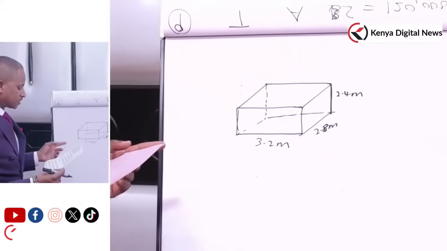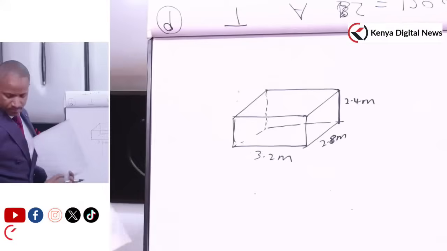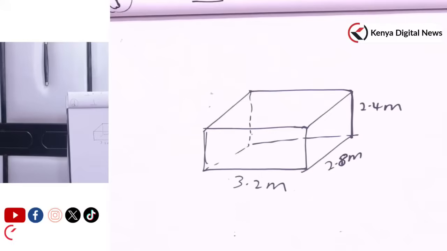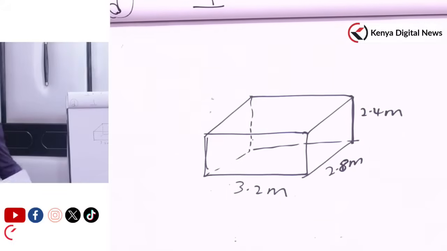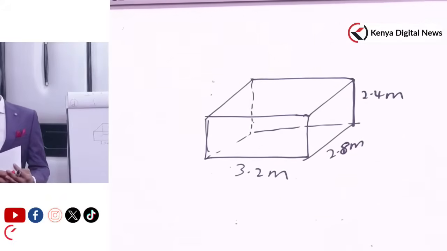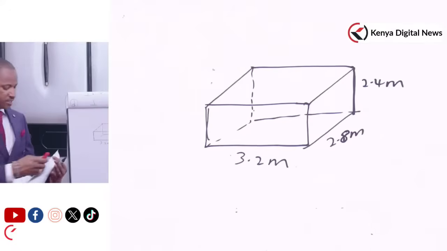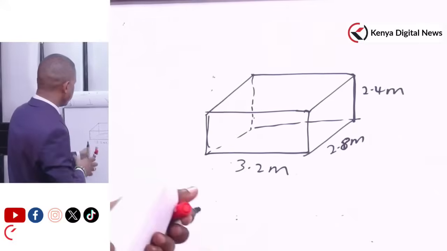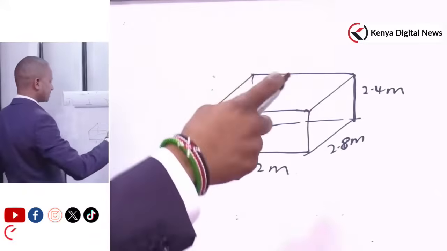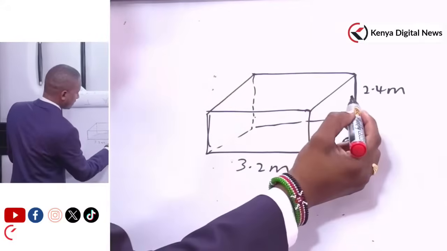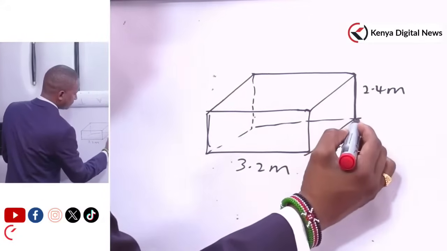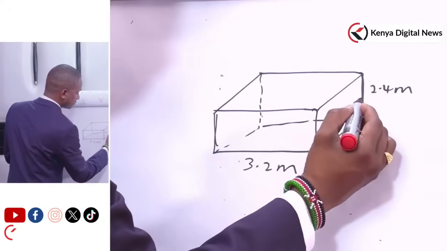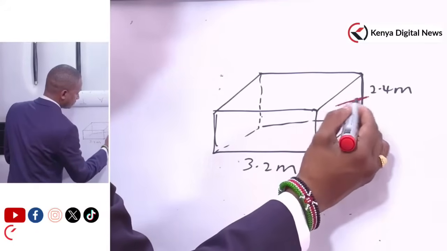It contains water to a depth of 1.8 meters. So let me change the pen. 1.8. I want red. So it contains up to 1.8 meters. So the water, if this is 2.4, the height, then it contains water up to that level.